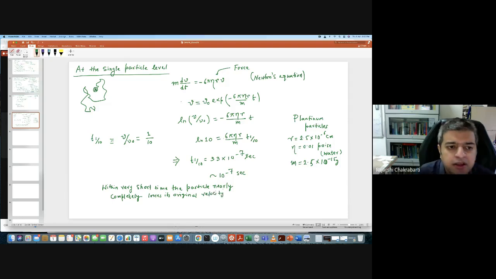So actually the particle comes to an almost stagnant position, isn't it? It stops moving almost within a very short time.